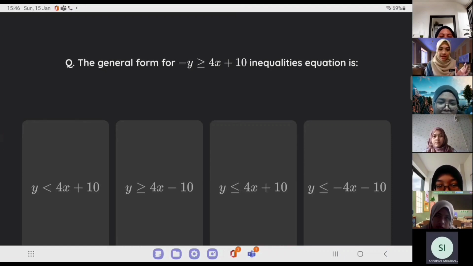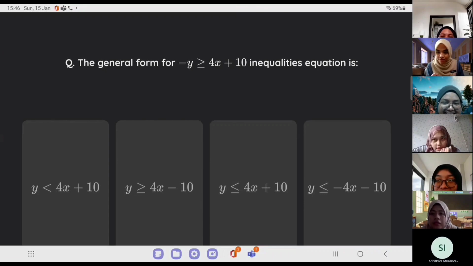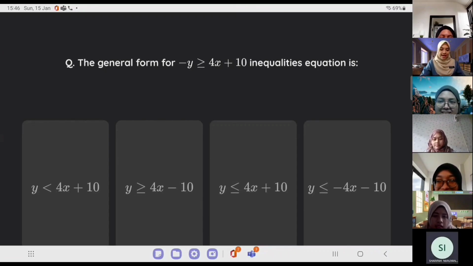You need to multiply negative y with negative. If the left hand side you multiply with negative, the right hand side you also need to multiply with negative. Since you multiply both sides with negative, the symbol will be changed. That's why the answer is D. Everyone clear? Clear. Yes, teacher.